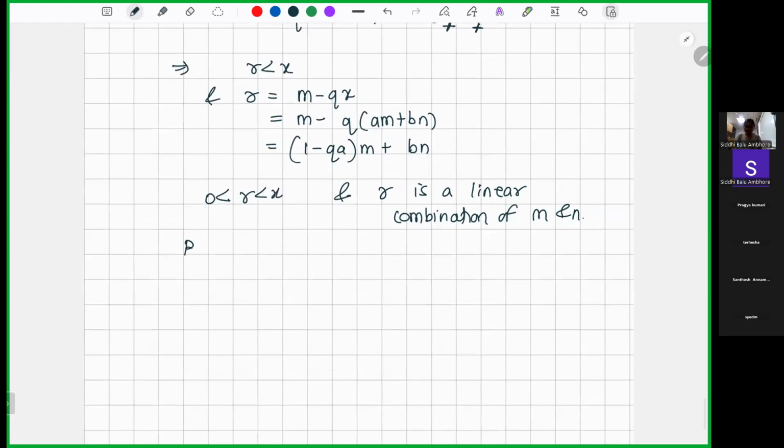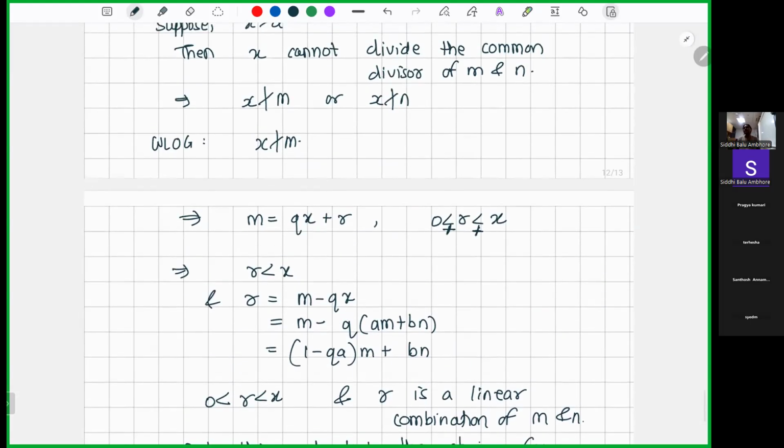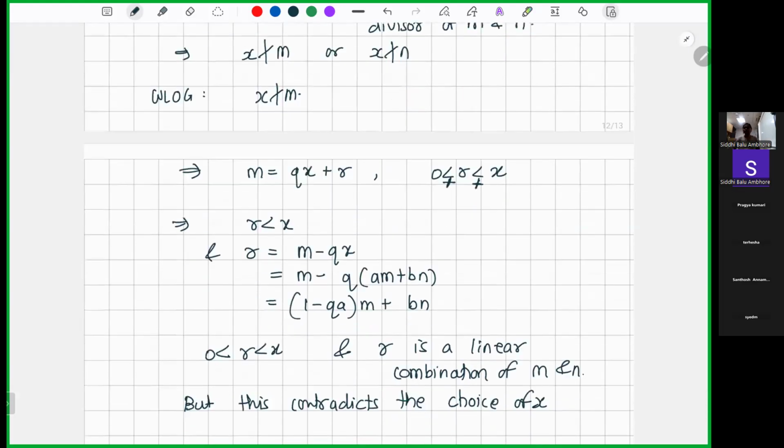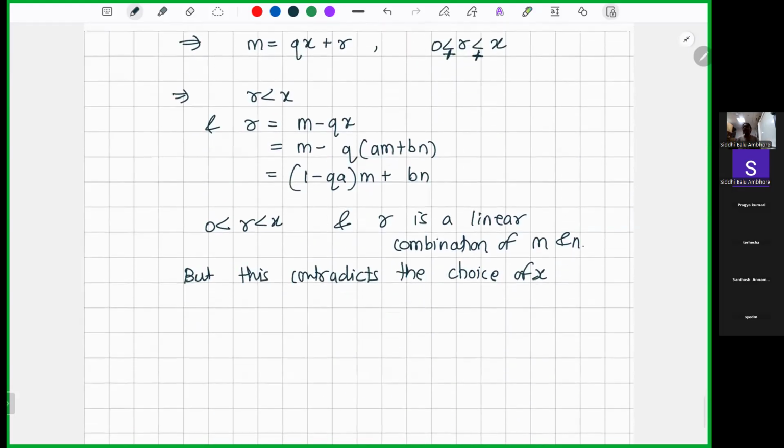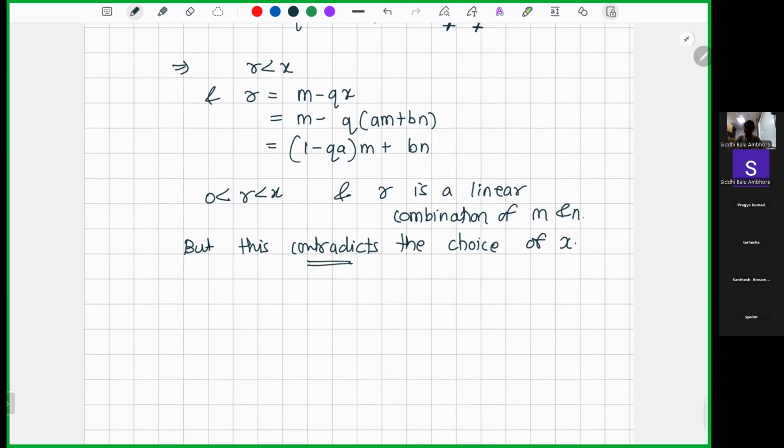But this contradicts the choice of x, right? Since x was the least positive element which was a linear combination of m and n. But the moment I have x does not divide m or x does not divide n, I get that there is some element r between 0 and x, so some positive integer smaller than x, which is a linear combination of m and n. So it contradicts the choice of x, okay?